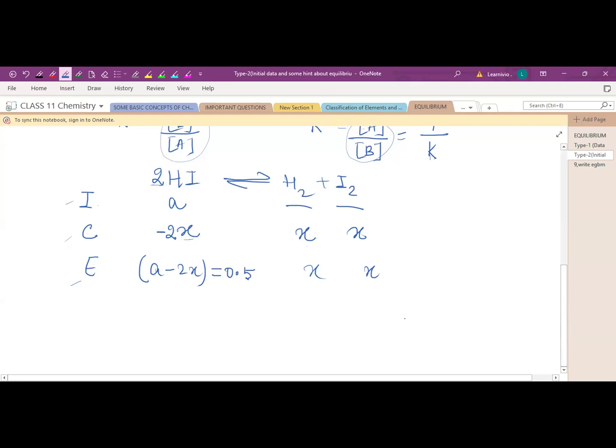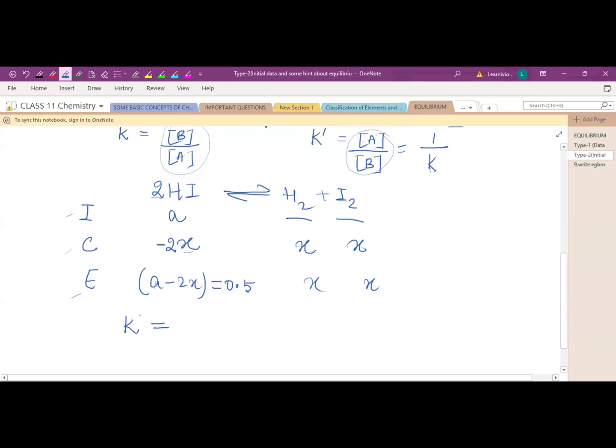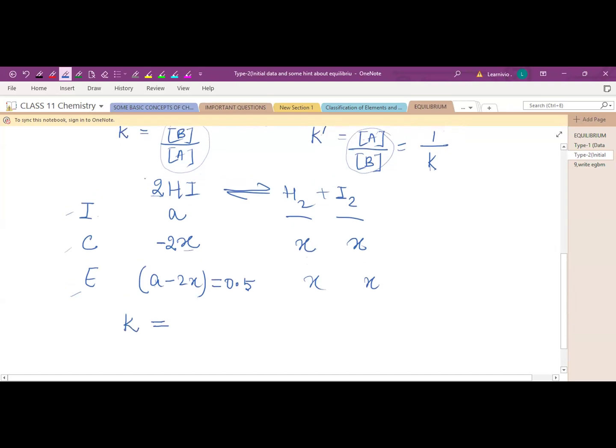Now you can write down the equilibrium expression. What will be the equilibrium expression for this reverse reaction? It will be the concentration of H2 into the concentration of I2 upon the concentration of HI raised to the power 2.